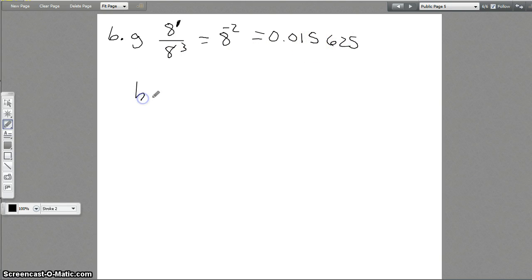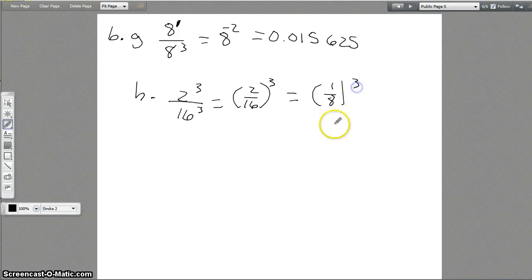Okay, we're going to do one more from number 6. Let's do part H. Part H is 2 cubed over 16 cubed. Notice these are both raised to the same power. That means that we can put them in parentheses together. 2 over 16 to the third power. We can divide the top and the bottom of our fraction by 2. So what we have is 1/8 to the third power.